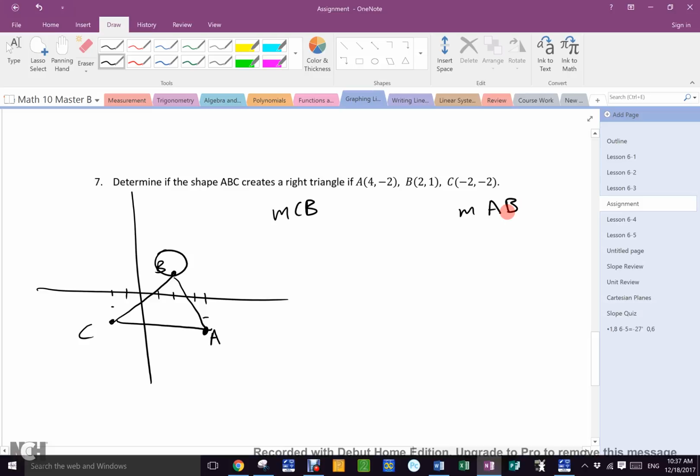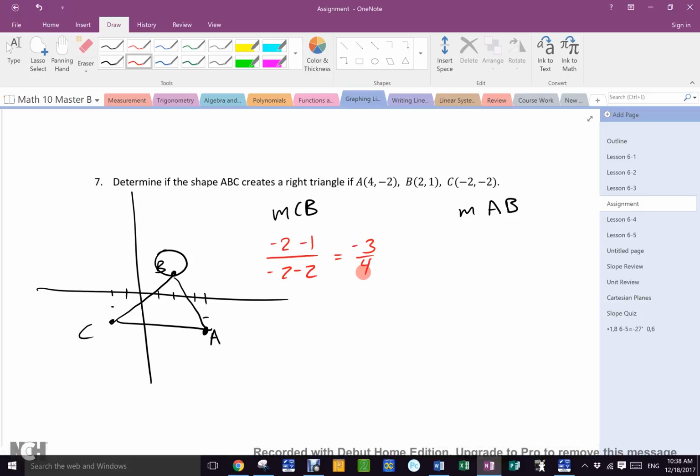And if it's 90 degrees, what happens? Negative reciprocals. So I check CB first, which is -2 minus 1 over -2 minus 2, which is -3/4. Yes? Right?